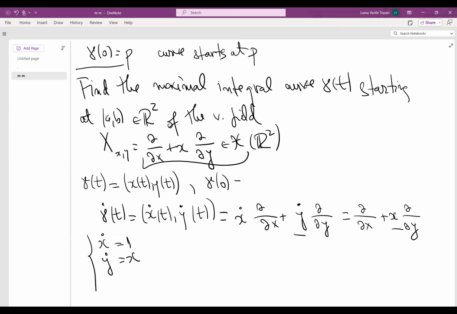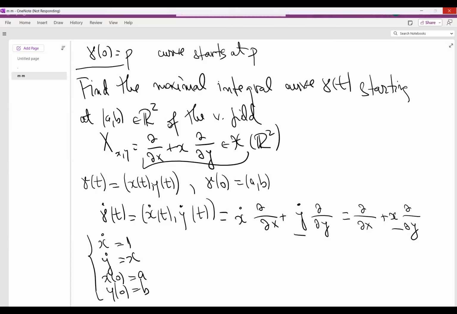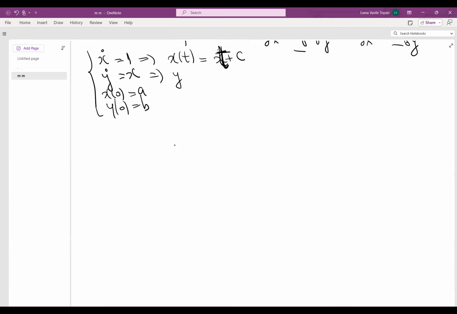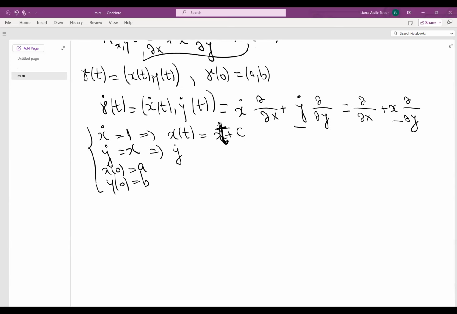And we have the initial conditions: gamma of 0 is (a, b), so x of 0 is a, and y of 0 is b, right? Initial conditions. So if x dot is 1, then x of t, we integrate, is t plus c, right? And y dot is x, which is t plus c, and we integrate with respect to t on the other side.